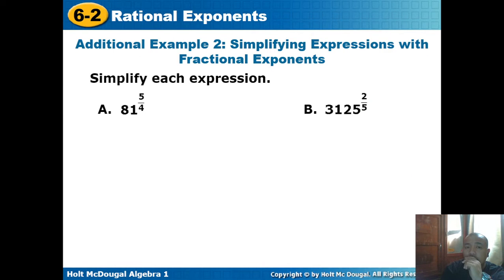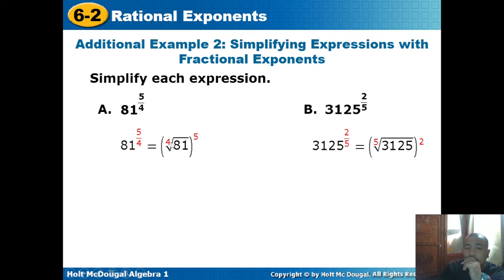Okay, let us simplify the following expressions with fractional exponents. What is 81 raised to 5/4? In letter A, it's equal to the fourth root of 81, raised to 5. In letter B, we have the fifth root of 3125, squared.